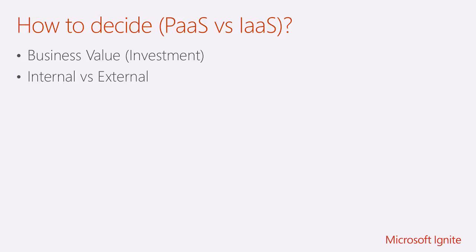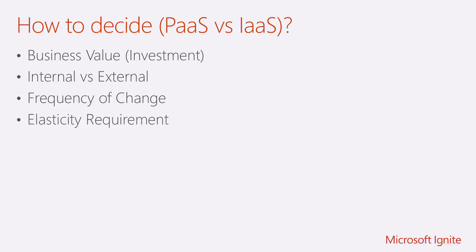Internal versus external. If you are using, for example, Windows authentication, it's going to be different from an external application that does not use Windows authentication, and it's going to be much easier for you to move that to platform as a service. Frequency of change: if it changes a lot, probably you want to utilize the platform as a service features, which are automatic deployments and agility. Otherwise, you can just put it on a virtual machine in the corner.